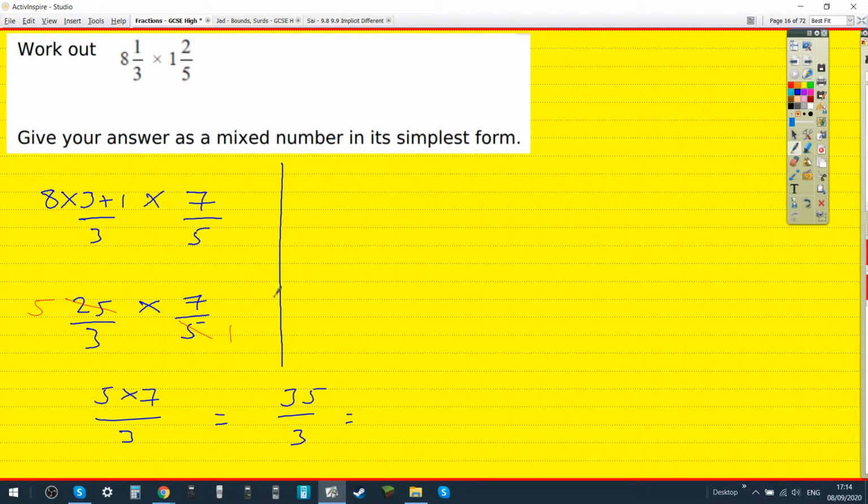They want the answer as a mixed number. Mixed number. Okay. So, how many 3's go into 30? So 3.